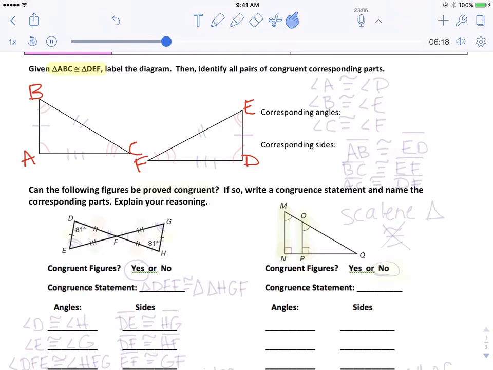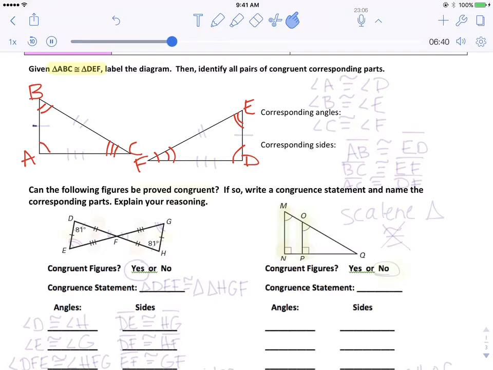So again, angle A would be congruent to angle D. Then B comes next, so B is congruent to E, which is listed next. And then C is congruent to F, which is listed next. Then we can also label our congruent sides.